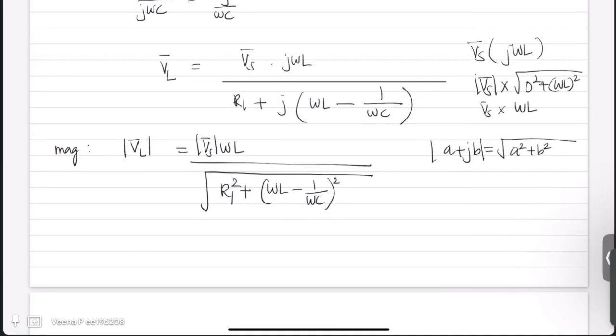That is how the numerator magnitude is magnitude of Vs times omega L, and denominator magnitude is under root R1 square plus omega L minus 1 by omega C the whole square. Now the angle.